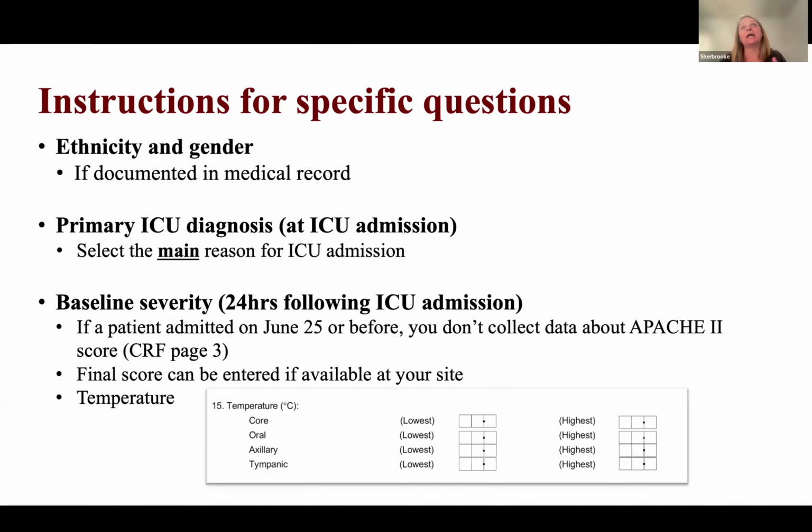So when you enter the date of admission in the CRF, if it's on June 25th or before, you won't have to enter any data on APACHE. If it's 26 until July 3rd, you will have access to all the fields to enter the variables.